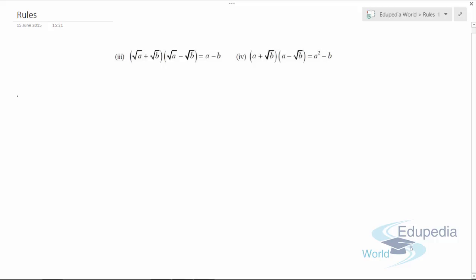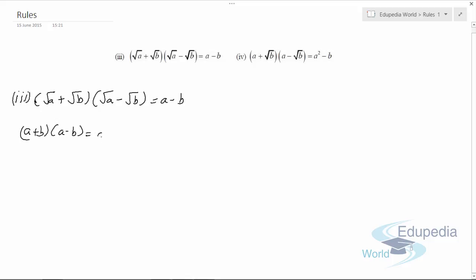Now the third rule is under root of A plus under root of B into under root of A minus under root of B equals A minus B. Now we have already seen the identity in polynomials that A plus B into A minus B equals A square minus B square.